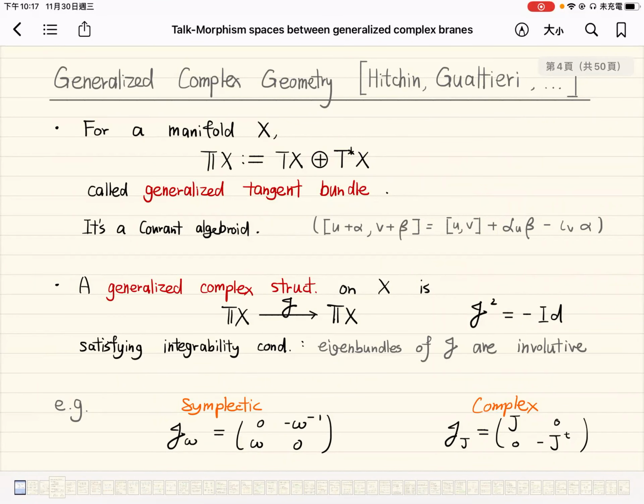Because I think most of the audience here today are familiar with generalized complex structure and complex geometry, I'd better not go through all the details of the very basic definitions.